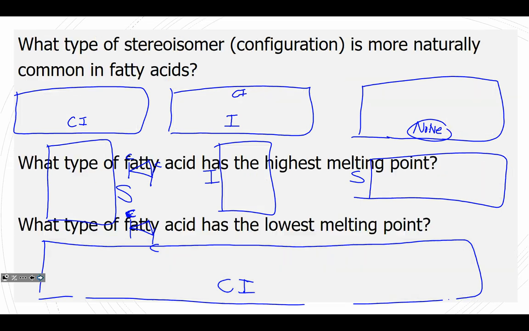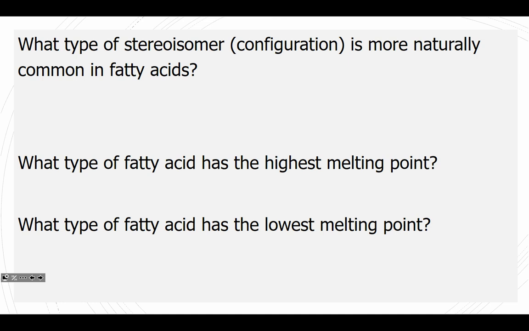Okay, going forward. What type of stereoisomer configuration is more naturally common in fatty acids? It is cis, because trans fats are bad for you. Just remember that. Trans fats are not normal, not natural. What type of fatty acid has the highest melting point?